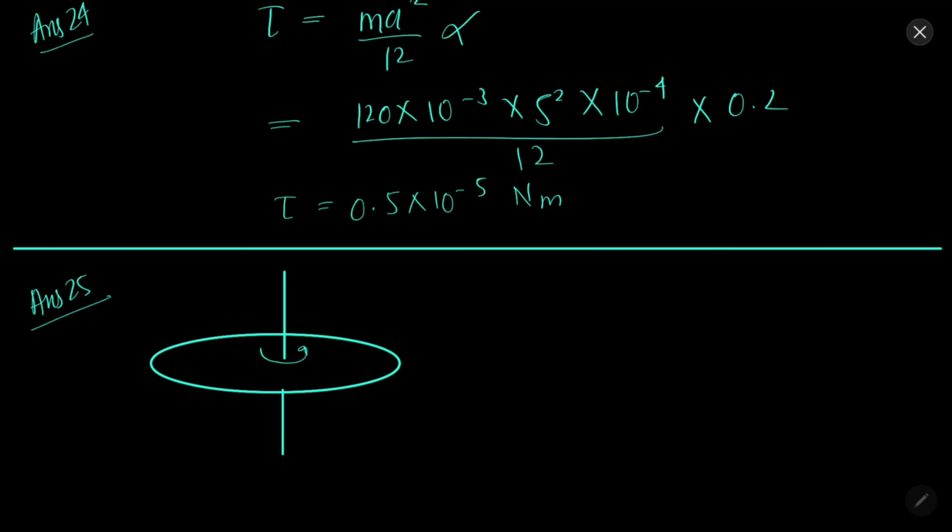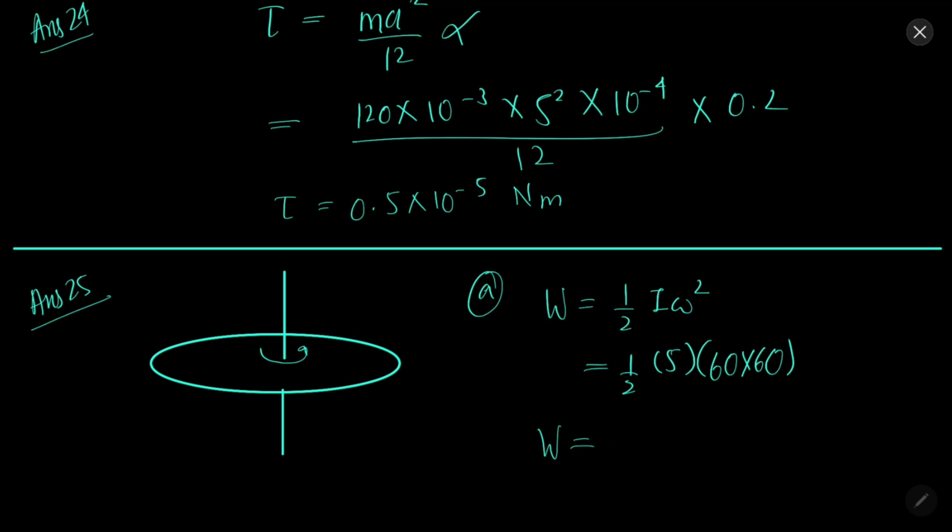First of all, part A, total work done in stopping the wheel will be half I omega square. So work done will come out to be 9,000 joule.